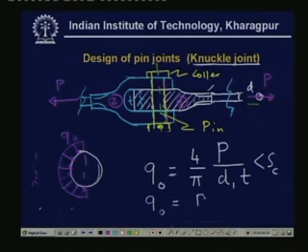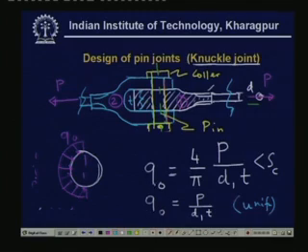This is based on uniform pressure theory. In the uniform pressure theory q naught is a little lesser than the earlier one, which is multiplied by a factor 4 by pi, greater than 1. So there we have more pressure.